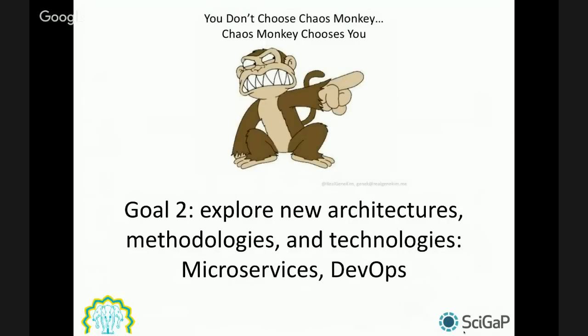So goal number one is, say, more theoretical. Goal number two is more along the lines of what you might call design patterns at scale and development methodologies at scale. So what architectures, methodologies, and technologies work to build systems like this? The example architecture that you can look up more information on, and which we'll be exploring in this class, is called microservices.